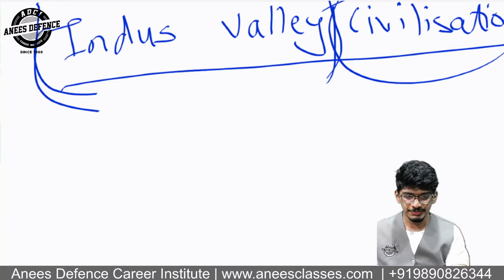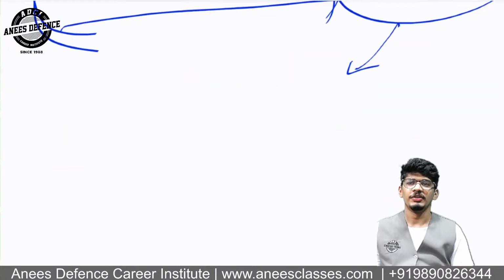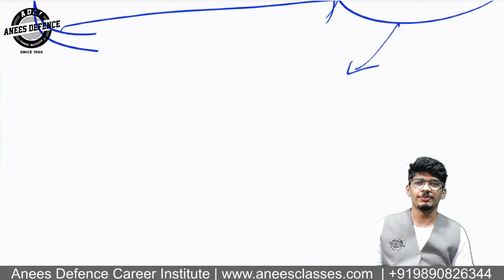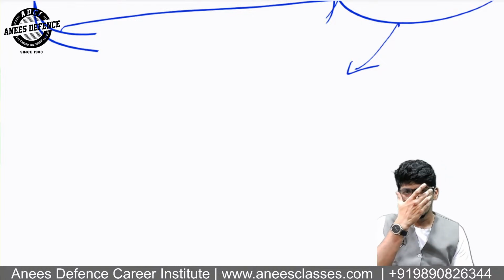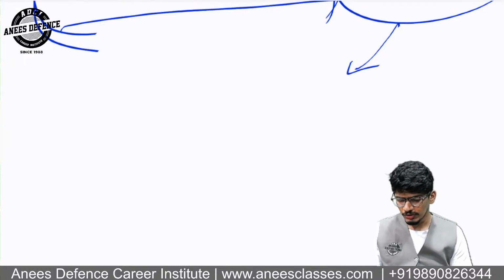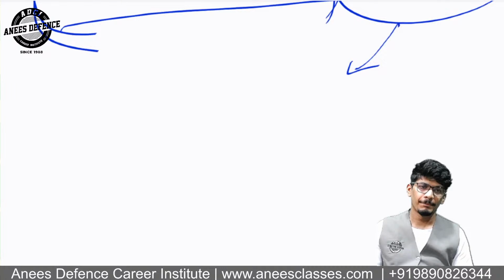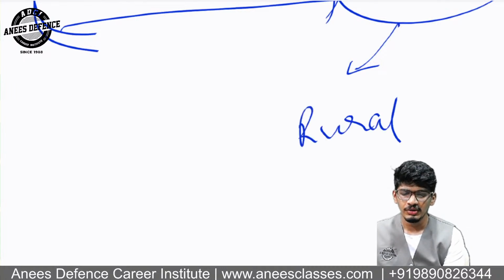Advanced phase of development. So whenever you hear the word civilization, here it connotes cities. And whenever cities are there, there is going to be specialization of things and activities. For example, basic economic activities are divided into 3 parts: primary, secondary, and tertiary. Primary activities are related with rural areas.